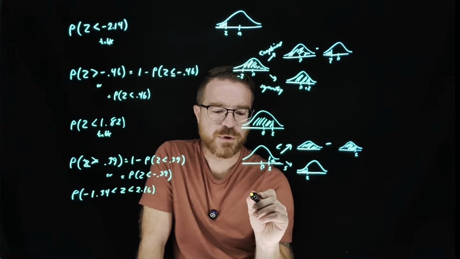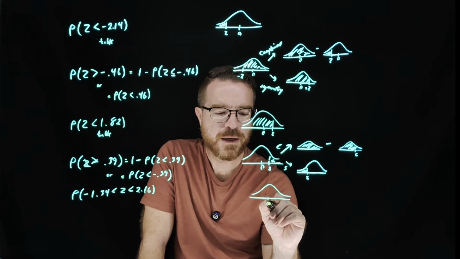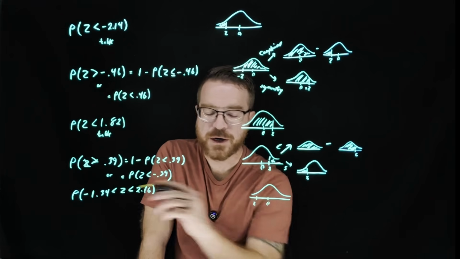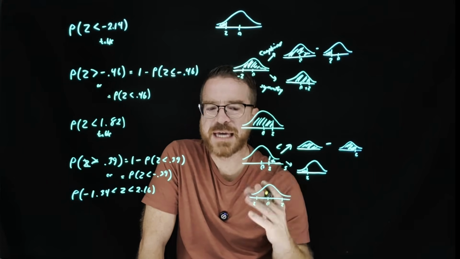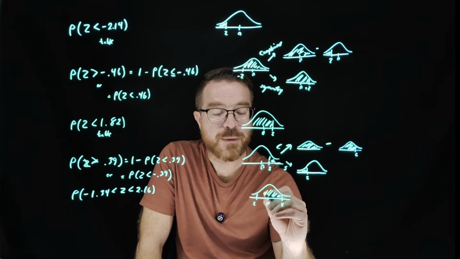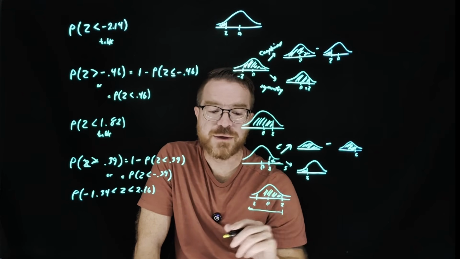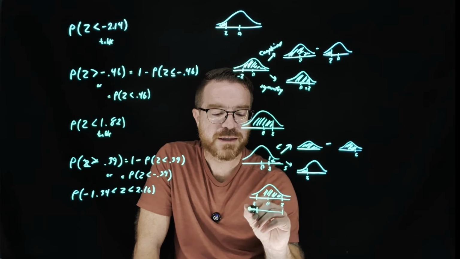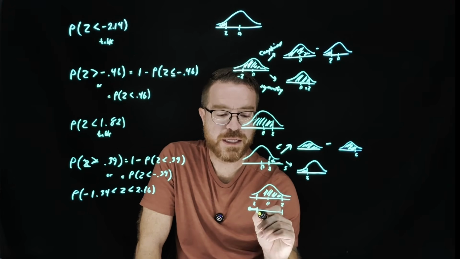Looking at this, what we want is everything between our negative z value and our positive z value. You could think of this as between two values a and b. If I want everything between these two values, I take everything to the left of my bigger value, subtract off everything to the left of my smaller value, and then I will have the probability between the two.